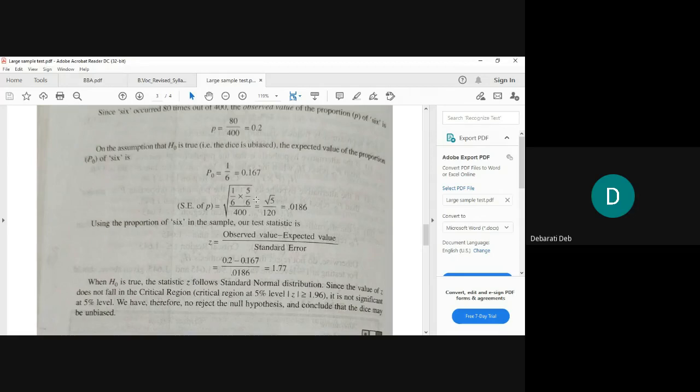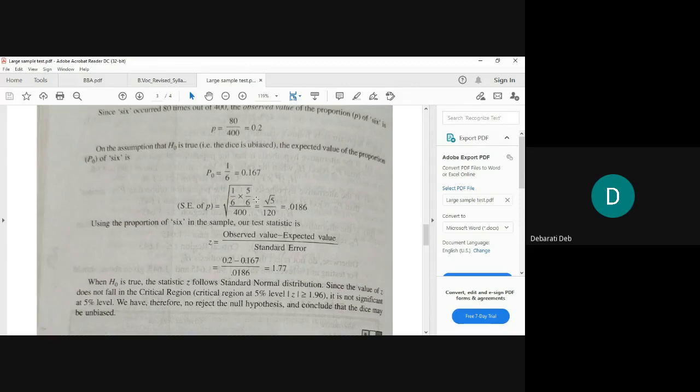Use your smartphone. All of you have smartphones. Use your calculator option. You have root over out there. Ma'am, 5 by 36 is 0.1388. Okay.